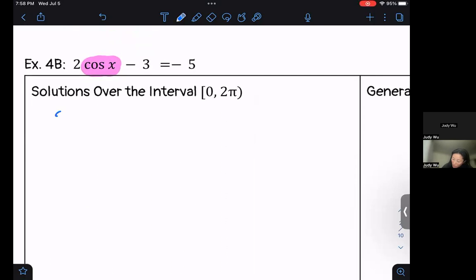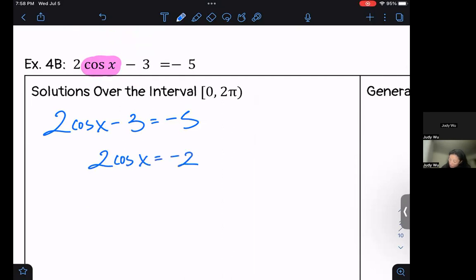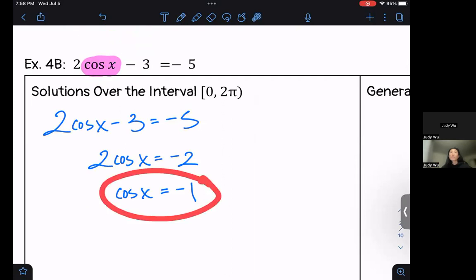I'm going to copy the equation over: 2 cosine x minus 3 equals negative 5. I'm going to do the same first 2 steps. I'm going to add 3 to both sides, and then divide by 2. So I get 2 cosine x equals negative 2, and cosine x equals negative 1. Now, this looks pretty much like the questions we had in part 1.